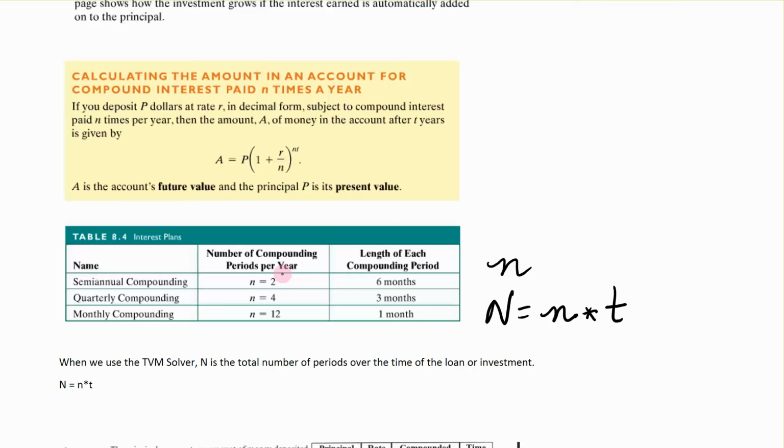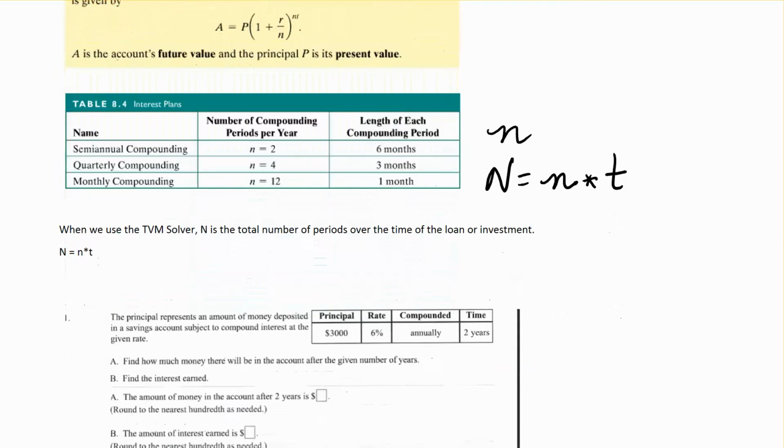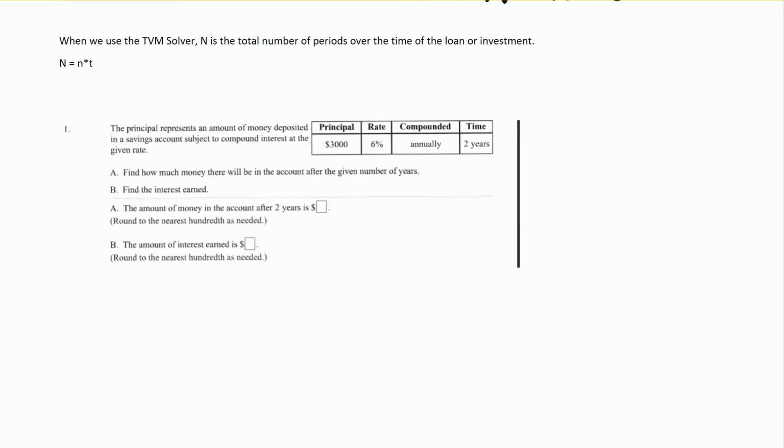So for every problem, we've got future value, we've got principal or present value, we've got interest rate, we have compounding periods, and we have T, which is time. So let's take a look, and I'm going to go slowly through using the TVM solver. Make sure that you have a graphing calculator or an emulator available.